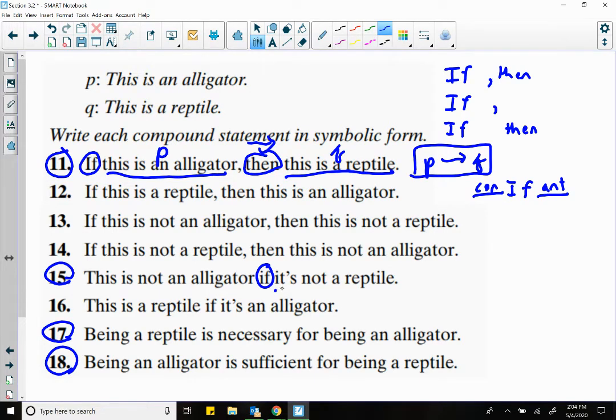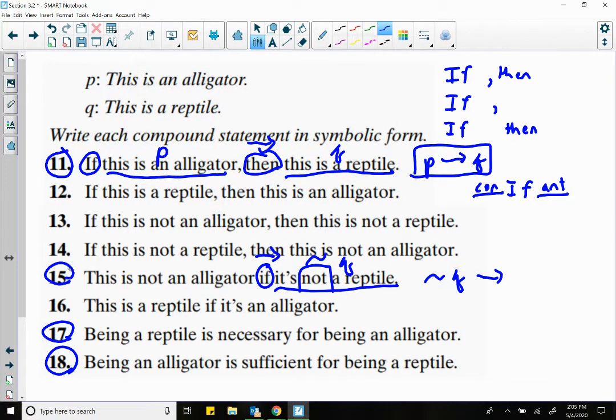So this statement right here is what goes first. And notice it says it is not a reptile. So that's squiggle, and reptile is Q. So the beginning of our piece starts with negate Q. Even though it's written second, you always put the antecedent first when you write it. This if actually gets the arrow. Okay?